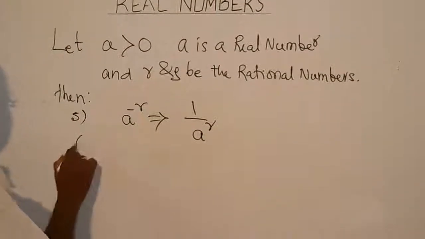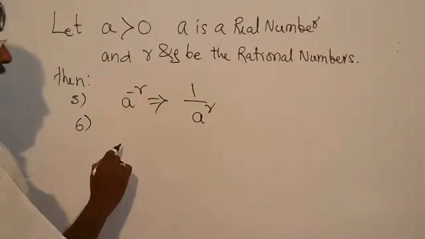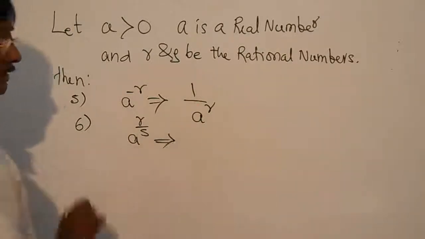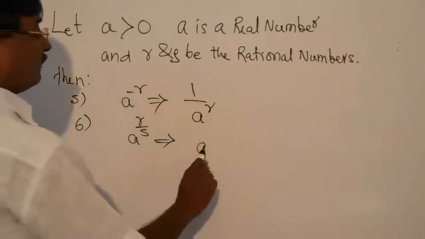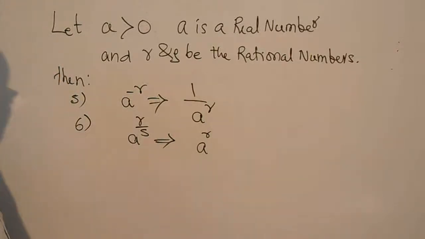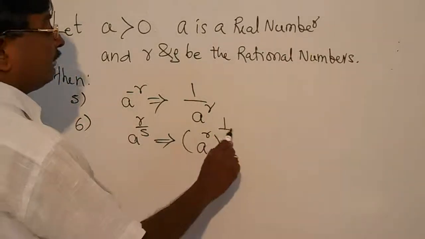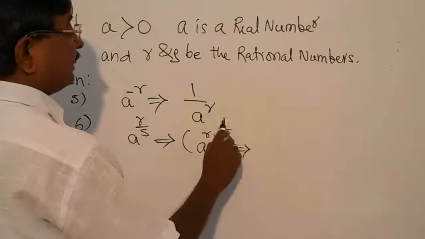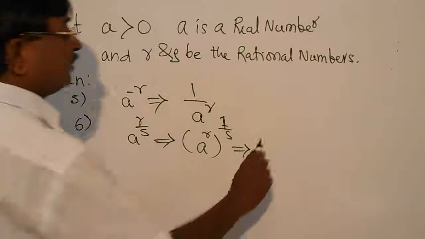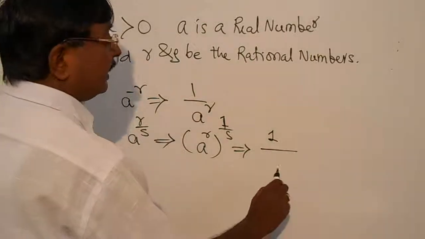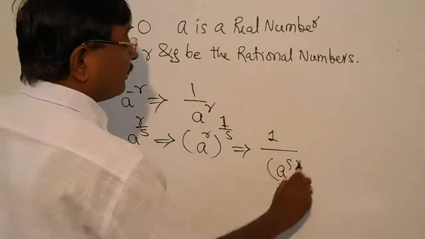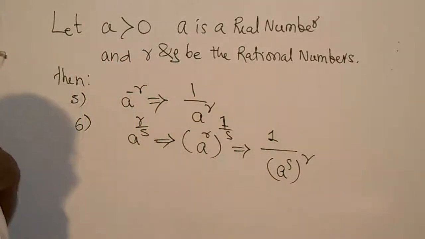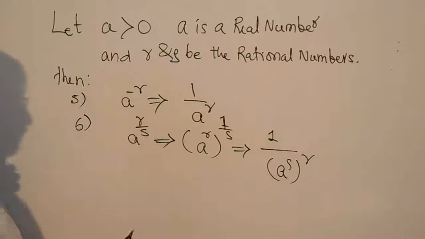Fine. Number 6th one, a to the power r divided by s, which can be expressed a to the power of r into 1 divided by s. Okay. Again, it can be expressed 1 divided by a to the power of s to the power r, so that it will become reciprocal. Okay, it will come down as a denominator.